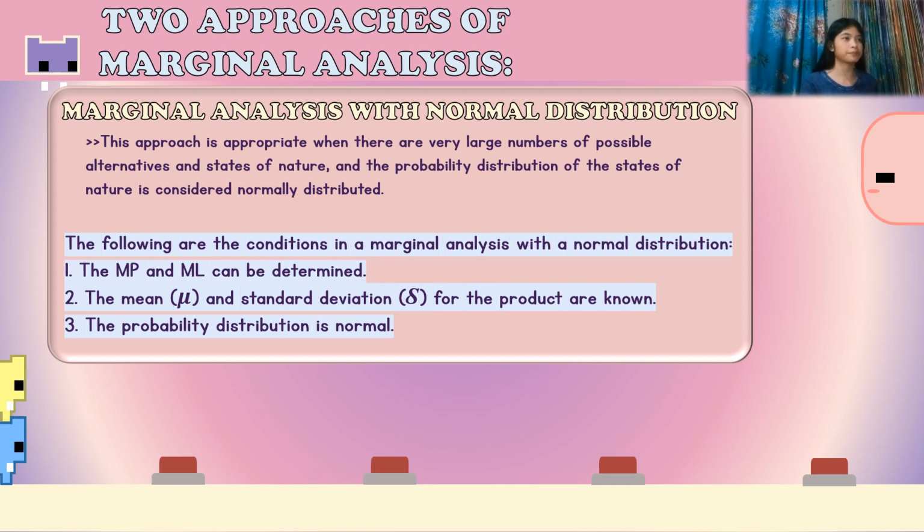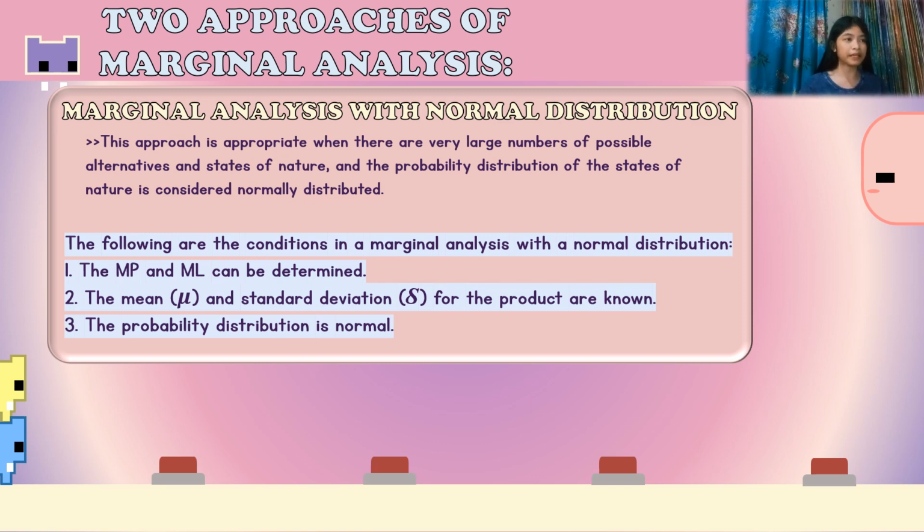This approach is appropriate when there are very large numbers of possible alternatives and states of nature, and the probability distribution of the states of nature is considered normally distributed. Normally distributed, ibig sabihin symmetrical or pantay-pantay. Now, there are following conditions in marginal analysis with a normal distribution.